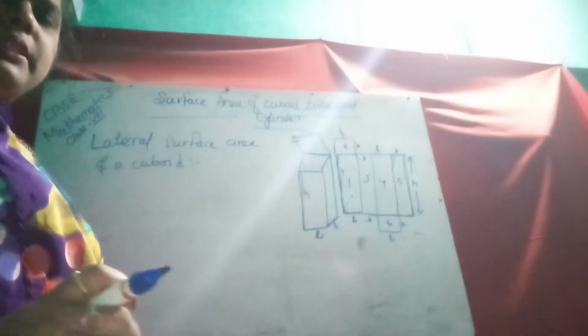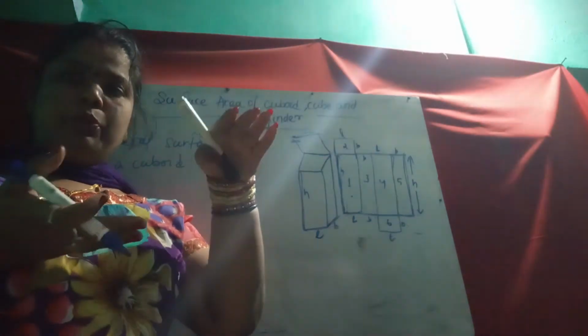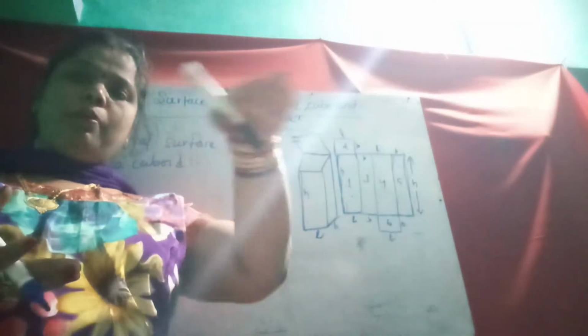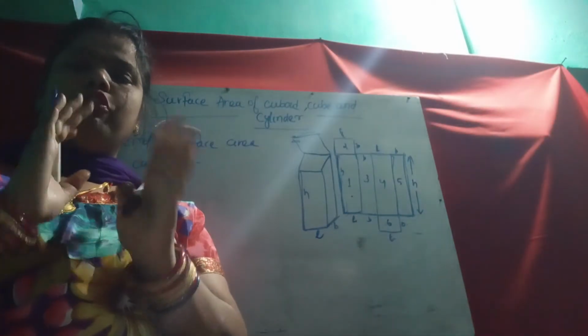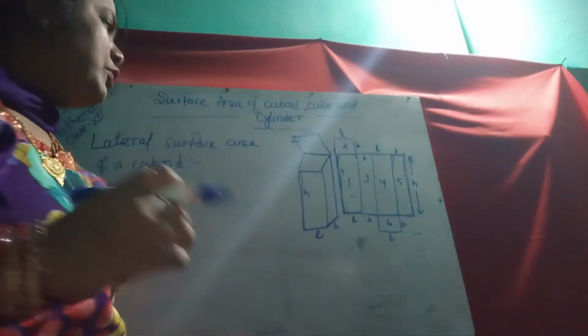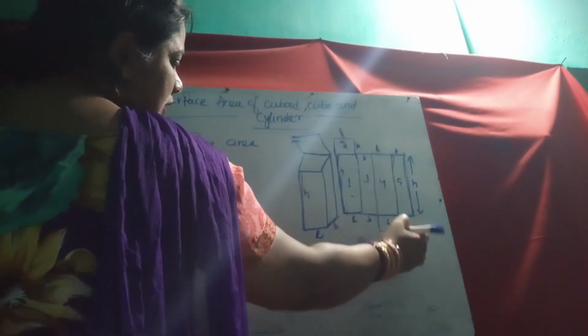Now, lateral surface area of a cuboid. Lateral surface means you just leave the top and below, the face of the top part and the bottom part. Lateral surface means the 4 side faces you have to add. So 4 faces means you leave this and this also.